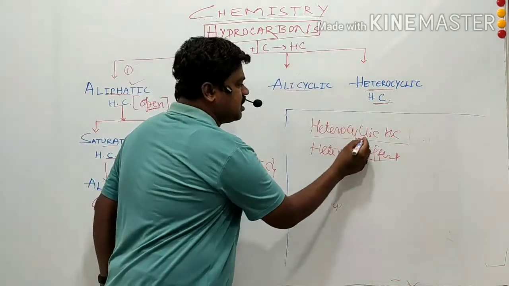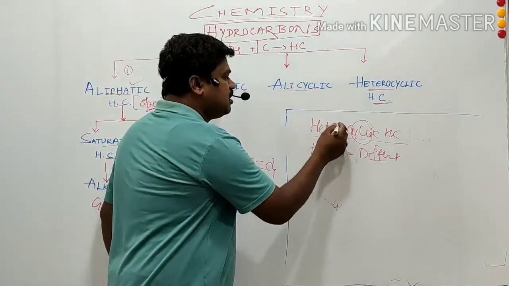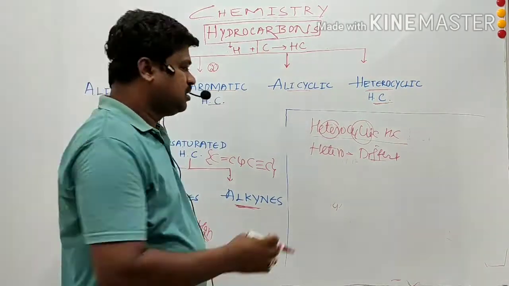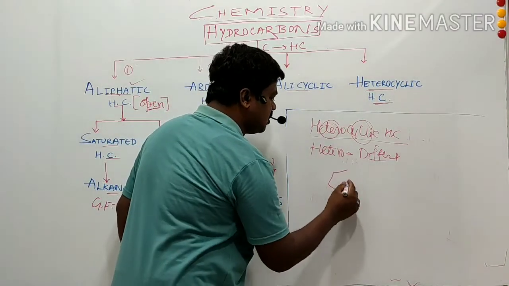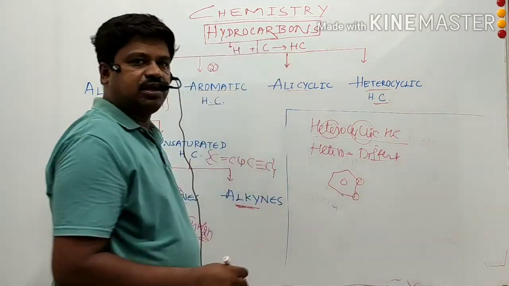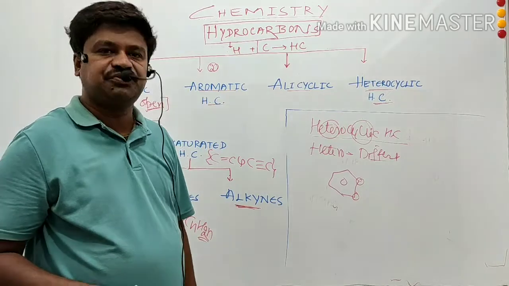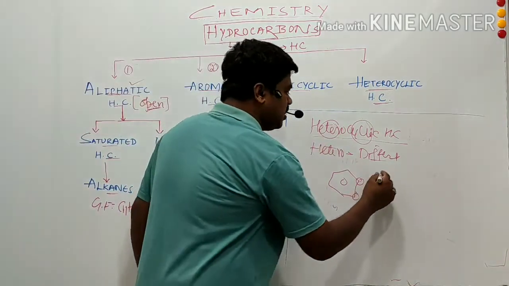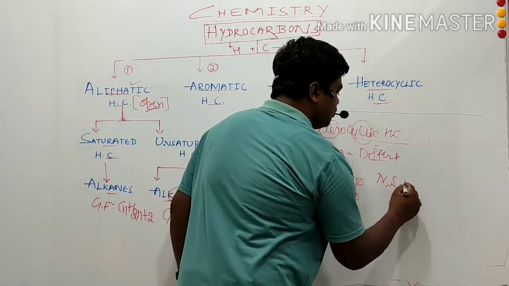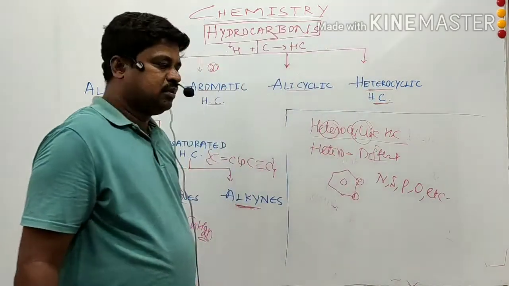So these are the cyclic hydrocarbons, ring compounds, but in the ring structure, the corner atoms of the ring are replaced by one or more heteroatoms. Heteroatoms are like nitrogen, sulfur, phosphorus, oxygen, and so on.